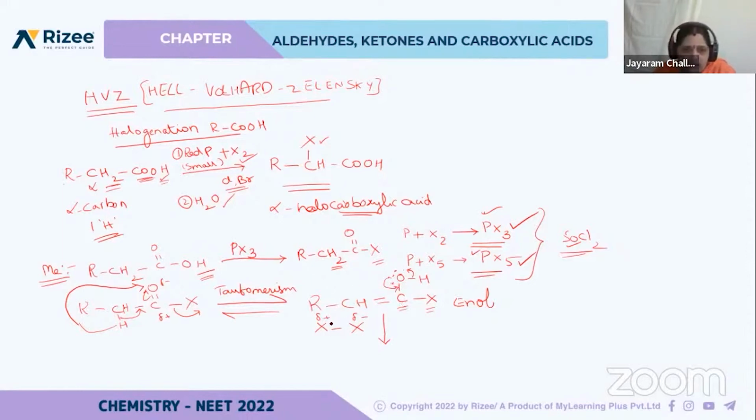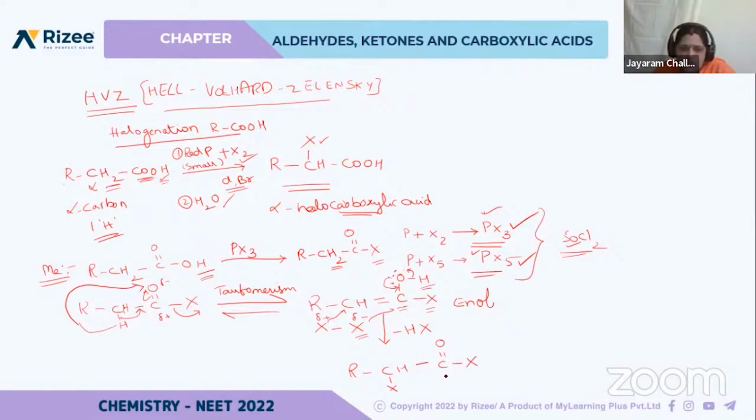Then one of the positive charge goes here and one of the negative charge goes here. But this X and H goes out as minus HX, leaving R CH X, C double bond O and X. So minus HX goes out, HCl or HBr goes out.